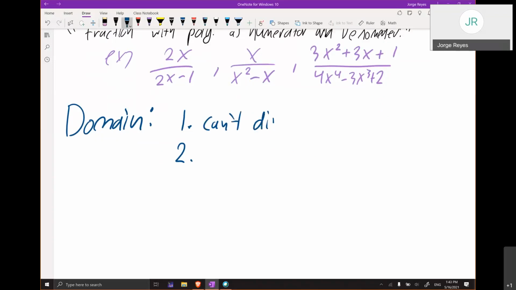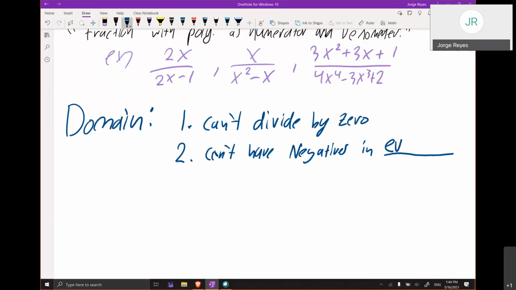That is fundamentally what we watch out for. And then rule two is you can't have negative numbers in, and this is a big deal, even roots.